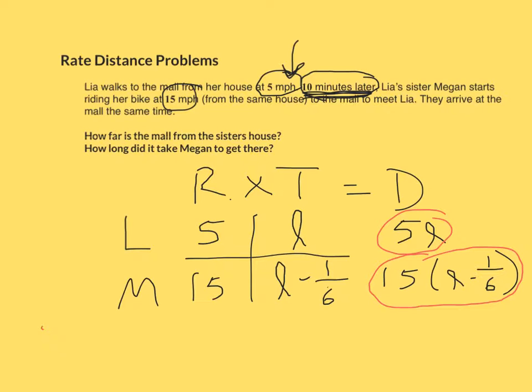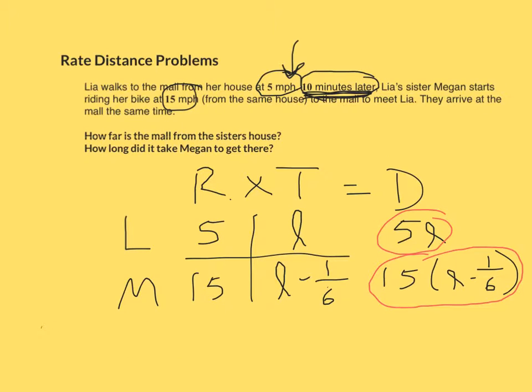One is where the 2 people are far apart and they meet somewhere in the middle. They will probably tell you the total distance, and this one plus this one adds to that total. That's not the case here. If Megan had left the mall and Leah had left her home and they met in the middle, we would say their 2 distances added to some total.